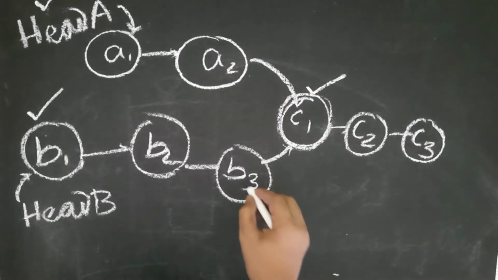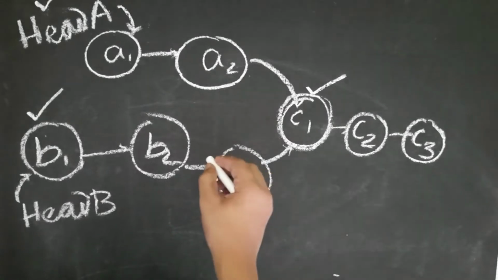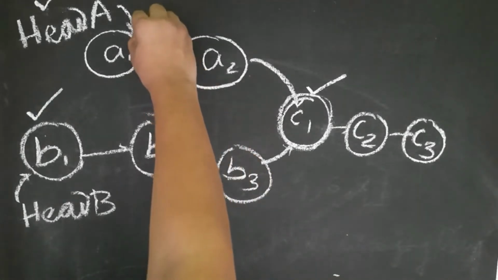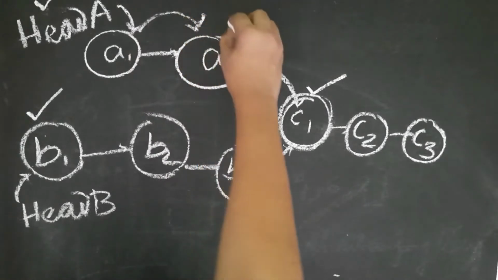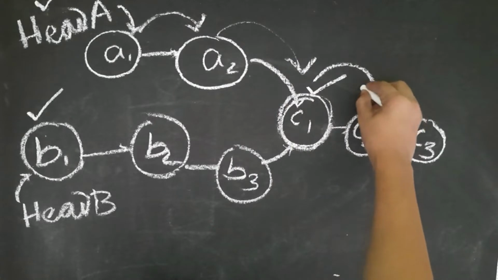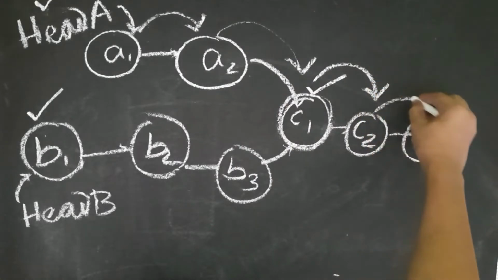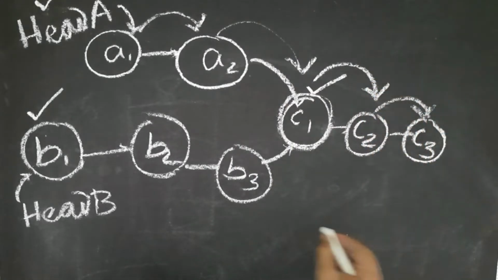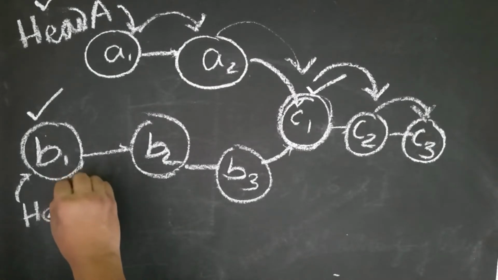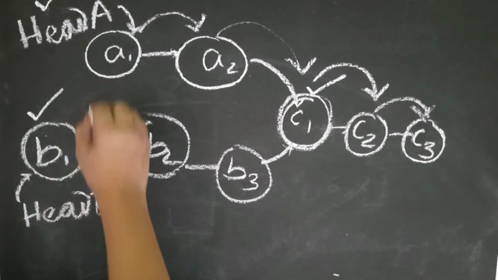There are many ways of solving this problem, but our approach is going to be: we are going to iterate through all the nodes of head 1, or head A, and store them in a map. Then we are going to iterate through head B and check while iterating if each node is present in the map.